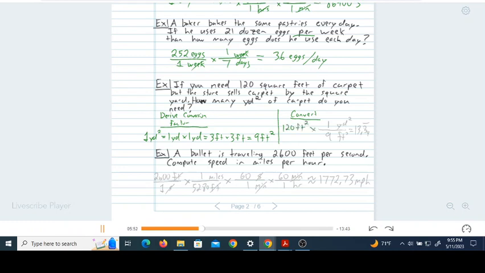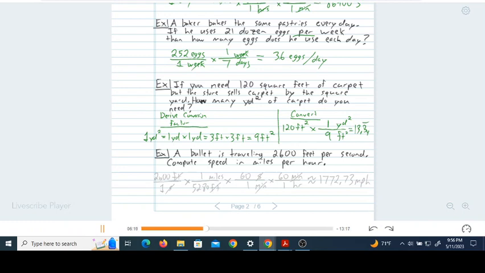So let's go ahead and use our conversion factor. So if we want to cancel that, we'll put square feet on bottom, square yards on top. And we know it's 9 square feet for every 1 square yard. And there we can arrive at our conclusion. It's 13.3 repeating square yards. So 120 square feet is 13 1/3 square yards.